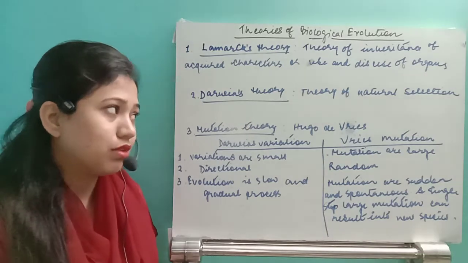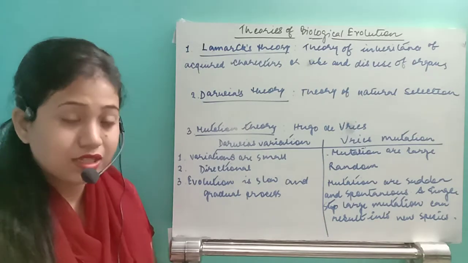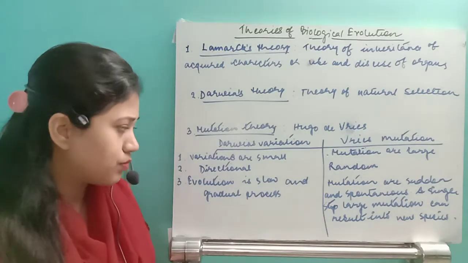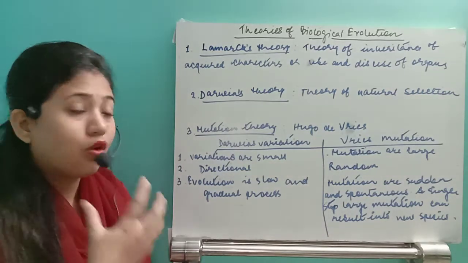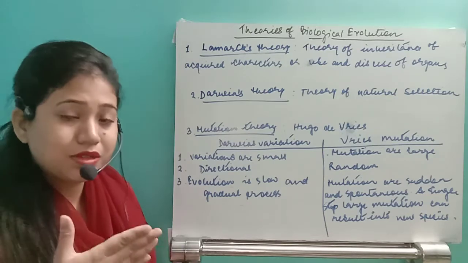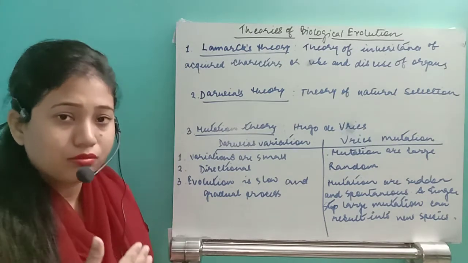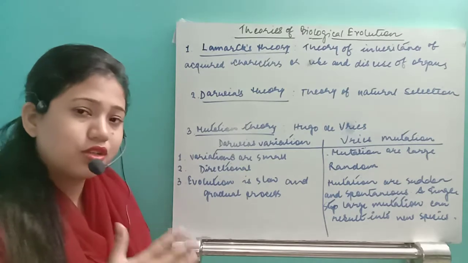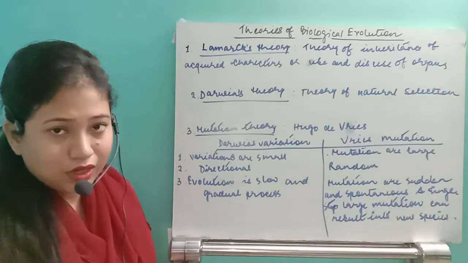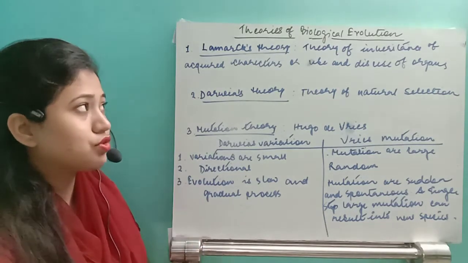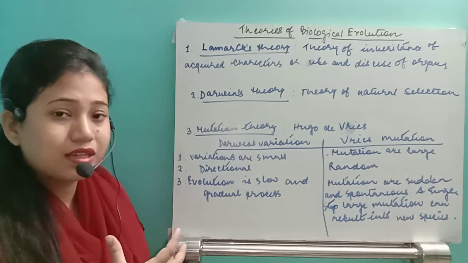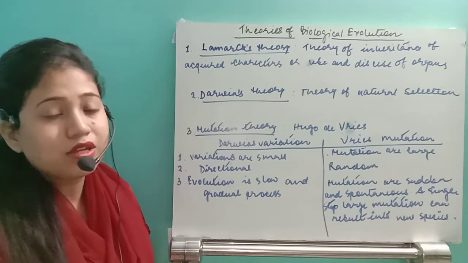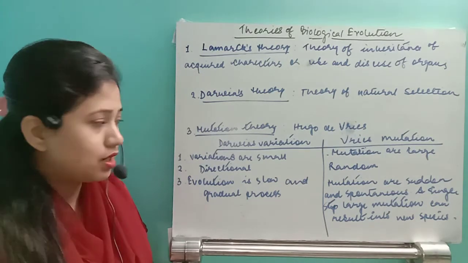According to his concept, these variations are small in a population and always have a direction, that is, they are unidirectional. The variation process is directional, and in explaining the process of evolution, he said that evolution is a slow and gradual process, right? According to him, this is the theory.